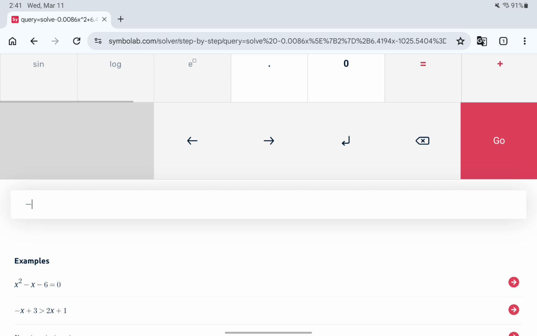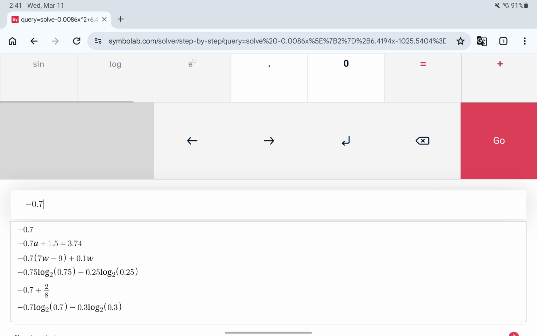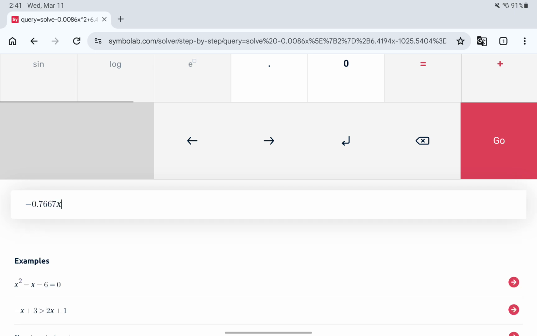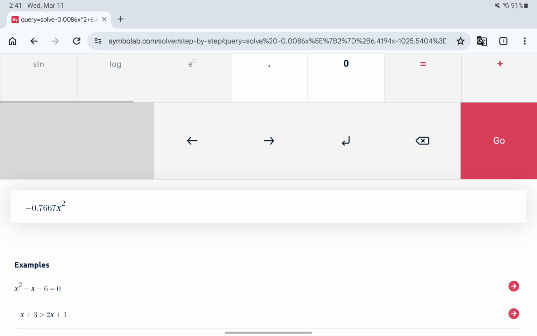By typing in our revenue function, and then subtracting our cost function. But we need to be sure to put this cost function in a set of parentheses to ensure that that subtraction step gets distributed across these terms.